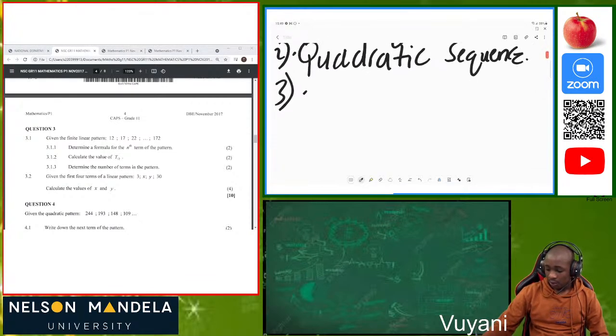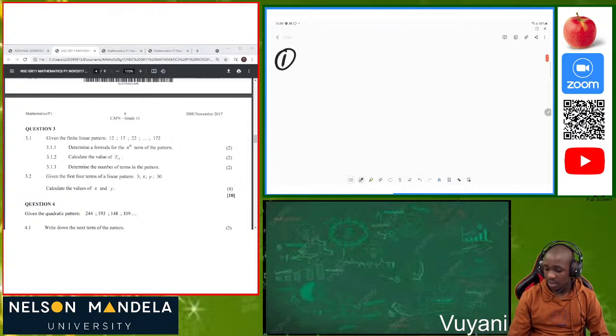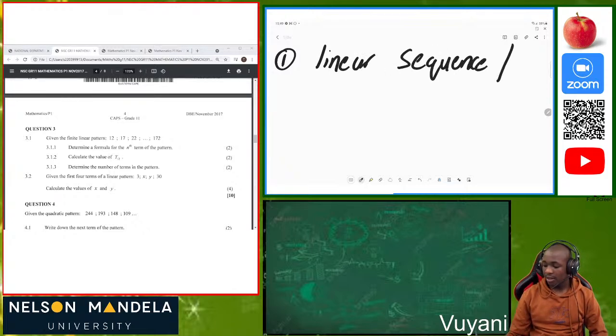Now, without wasting much time, let me just give you an overview of the first one, the linear sequence or the arithmetic sequence.